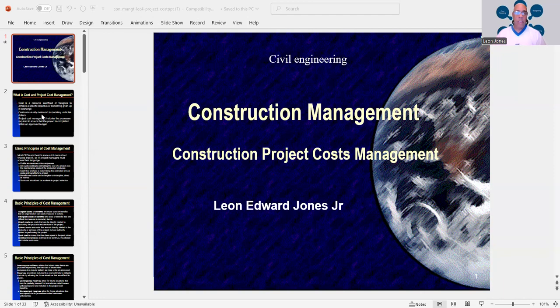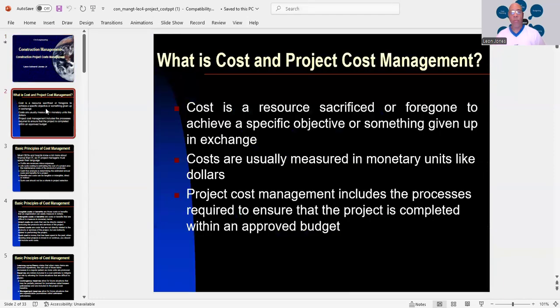Now, something you need to ask: what is cost and project cost management? Well, cost is a resource sacrificed or foregone to achieve a specific objective, or something given up in exchange.